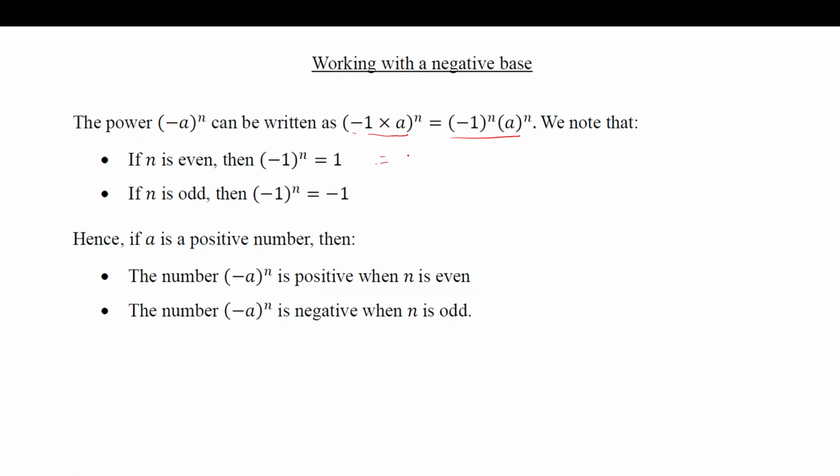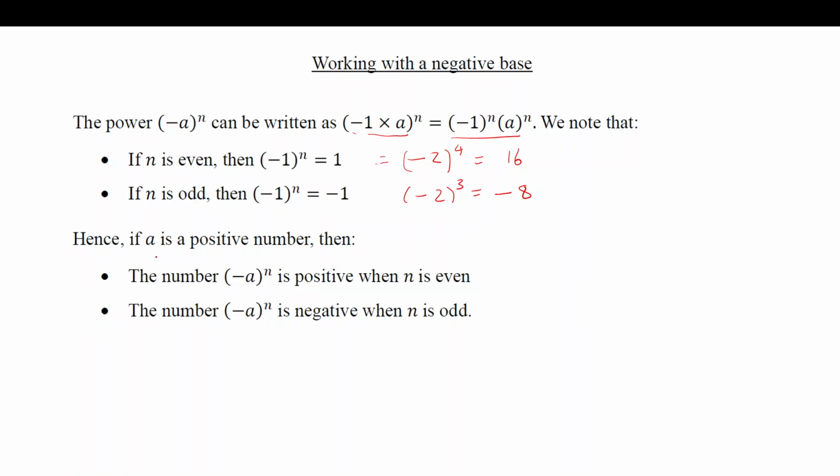If I was to say negative 2 to the power of 4, we're going to get 16. That's for an even power. But if I said negative 2 to the power of 3, then we're going to get negative 8. And if you think about it, that will always make sense for odd and even powers.